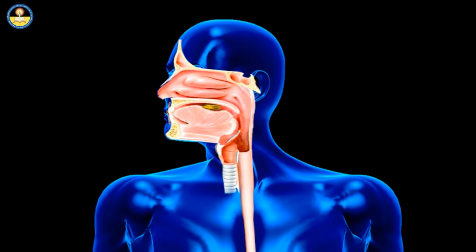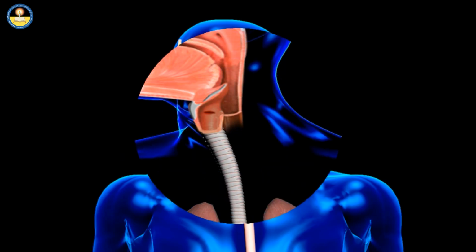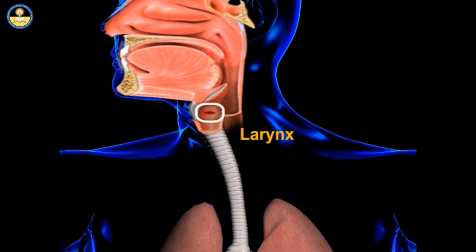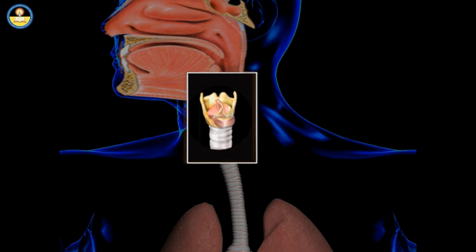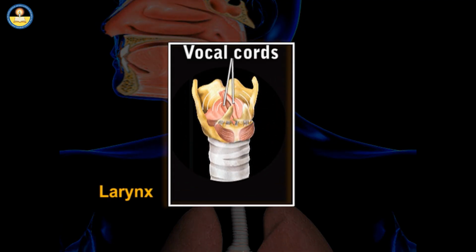As we studied in the digestive system, the epiglottis closes off the trachea when we swallow. Below the epiglottis is the larynx or voice box. The larynx is lined by two vocal cords that stretch across it. The vocal cords vibrate to produce sounds which result in speech.